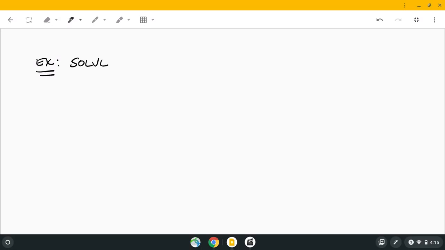So let's take a look at this one. Solve 2m to the 2/3 minus 2 equals 3m to the 1/3. First of all, let's get them all on the same side. So let's subtract 3m to the 1/3. This one is twice as much as that one.